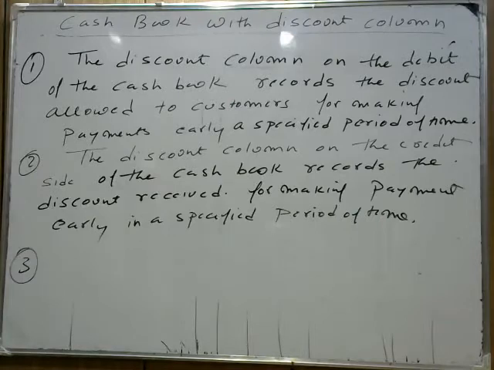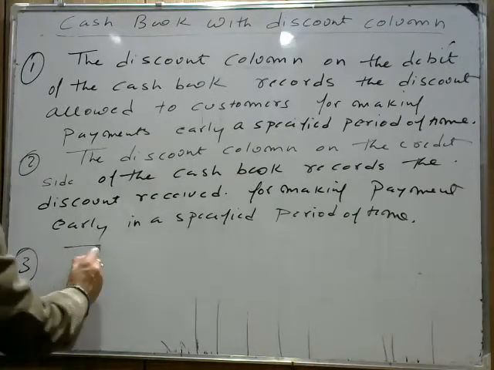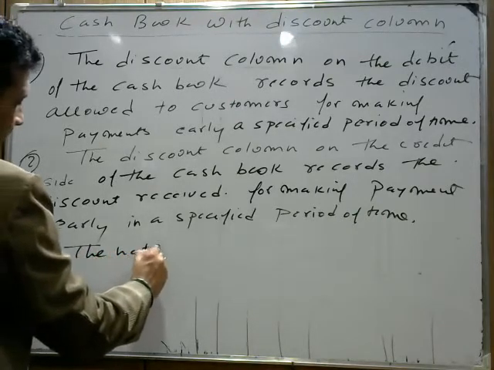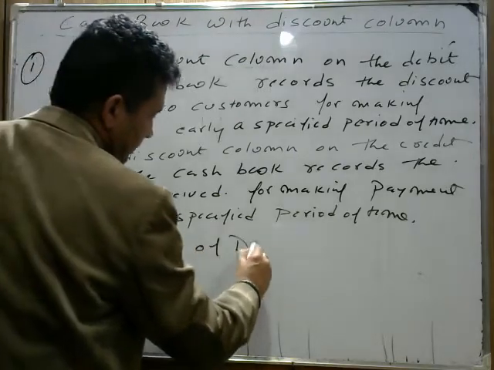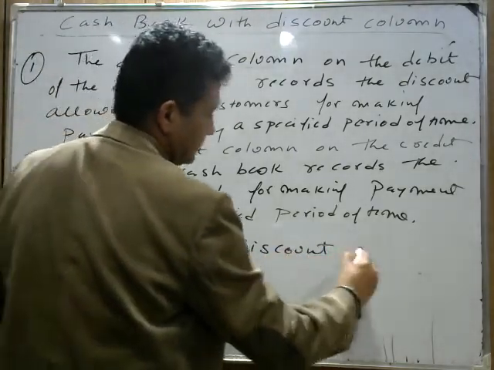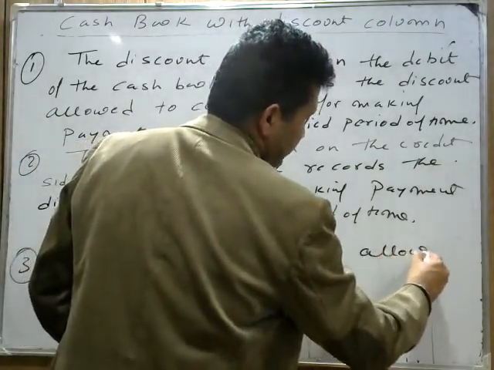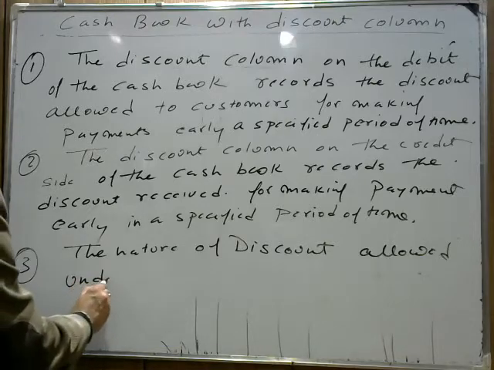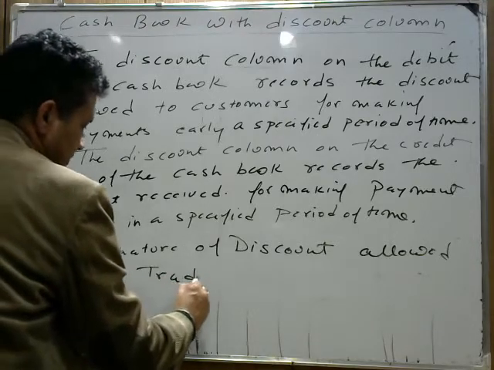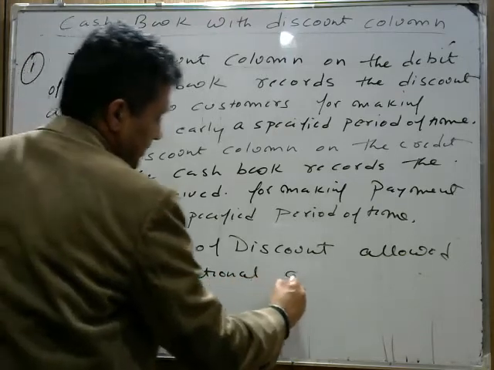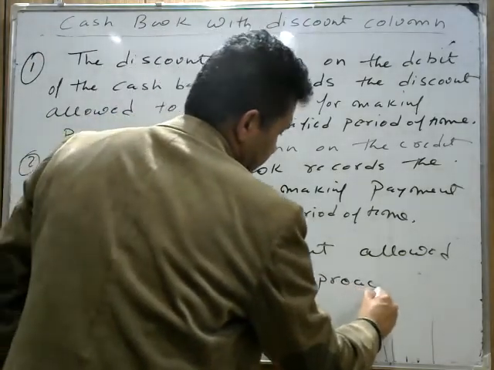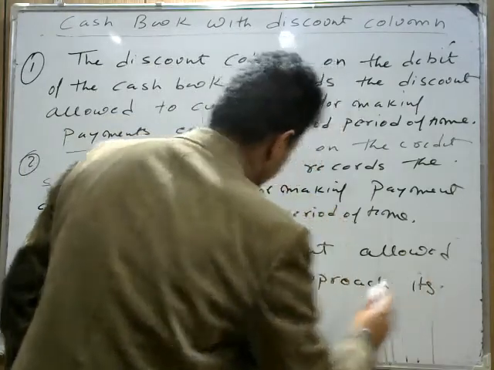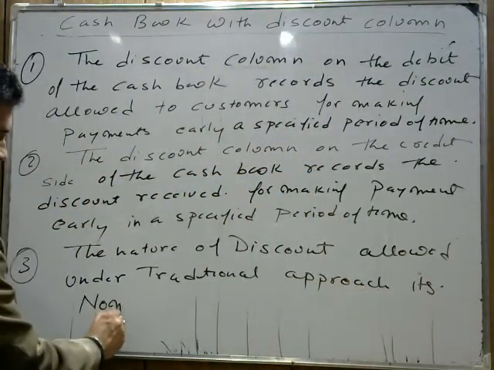I hope you all know this thing. The nature of discount allowed. Now what is the nature of discount allowed? Under the traditional approach, it's nominal, it is an expense. And what does nominal say?